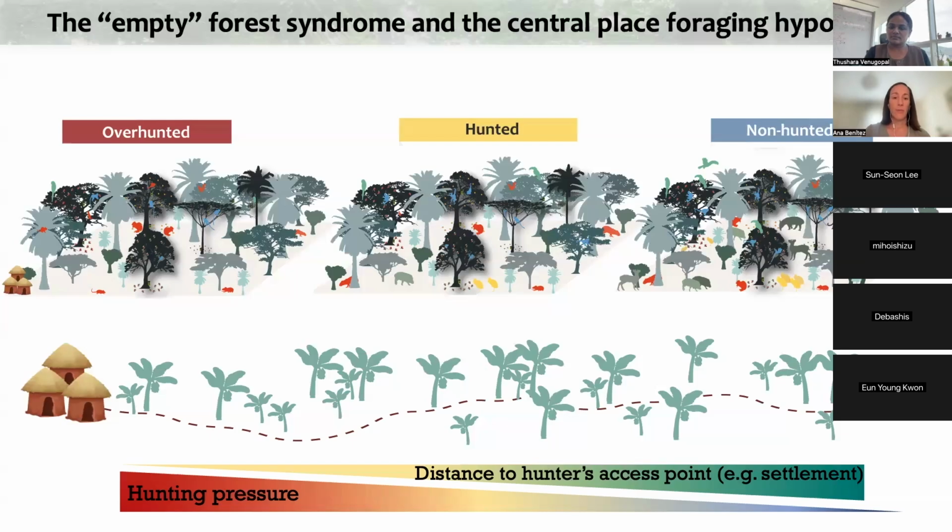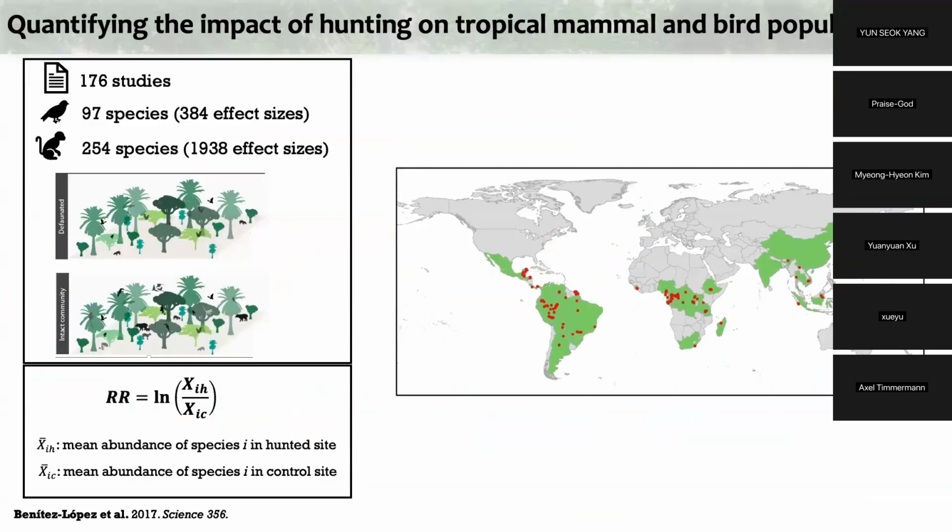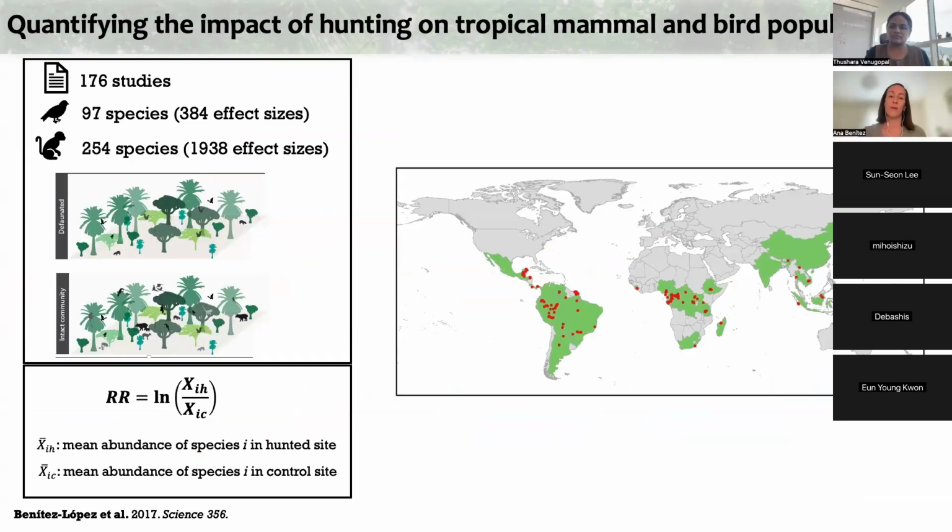And this is the premise we use in this paper that I published some years ago, because of course nobody can go and monitor and track wildlife across the full tropics. What we did is to gather all the possible evidence from many different studies conducted by hundreds of researchers across the tropics, and all of them had a similar design.